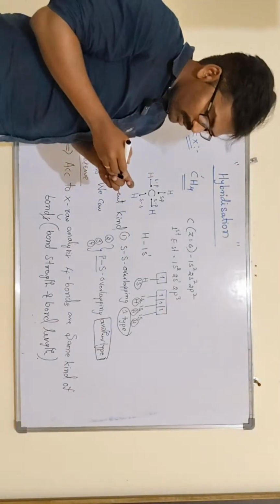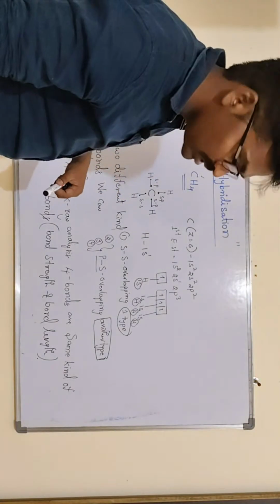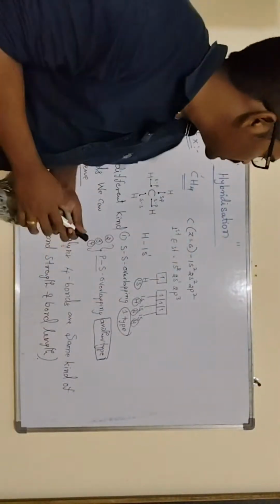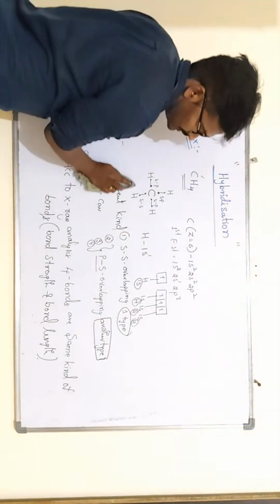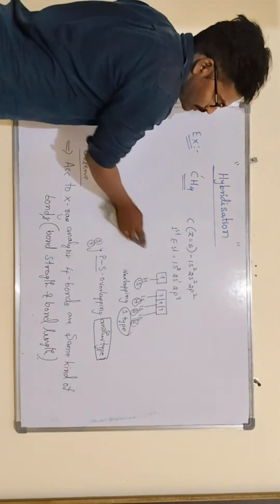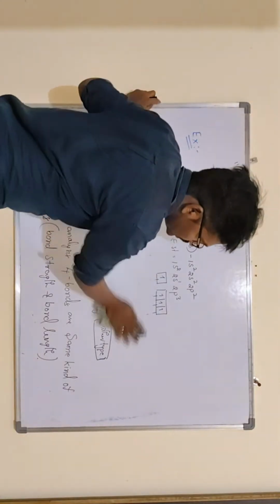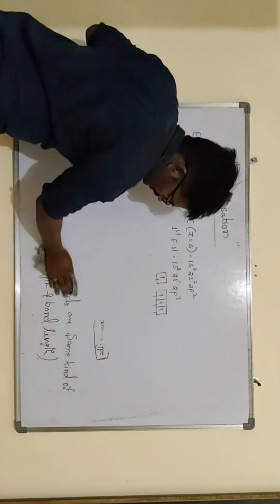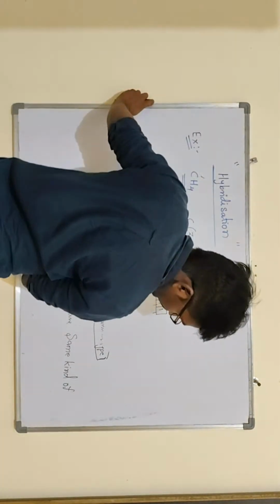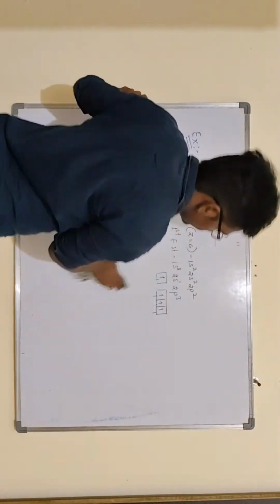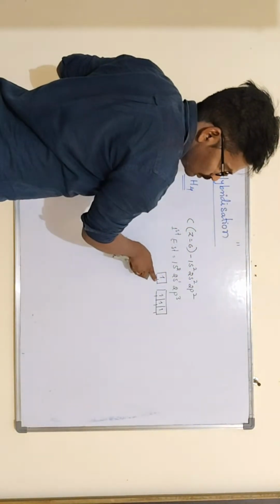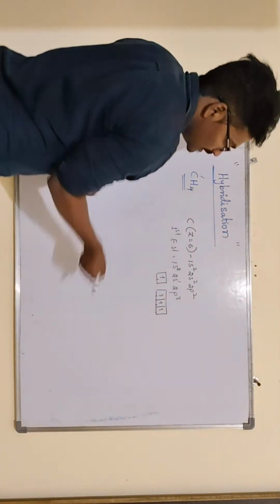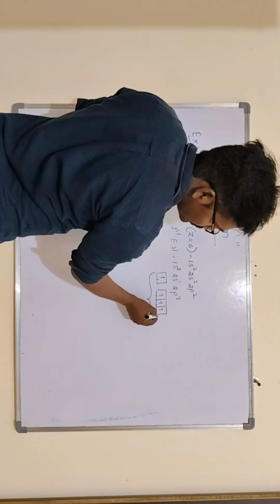So according to hybridization, in the same molecule, consider the hybridization electronic configuration of the carbon atom. In the first excited state, there is 1 s orbital and 3 p orbitals, each with a single electron. All these 4 orbitals intermix with each other.